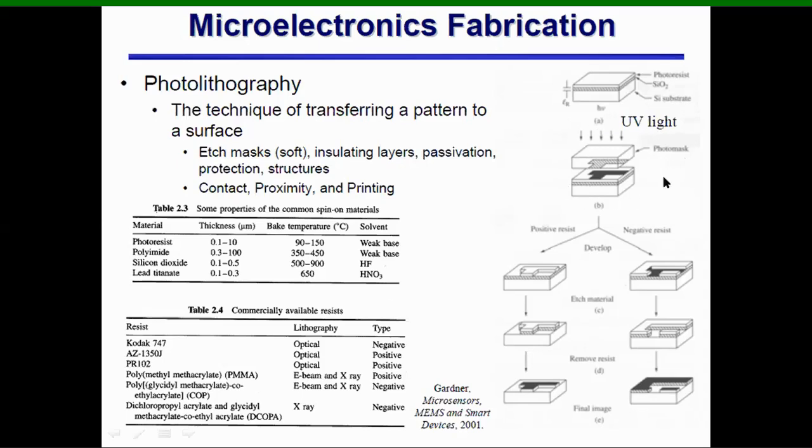So normally we have a machine which is known as a mask aligner, and in the mask aligner you have to put the substrate at the bottom, and you have to put the photo mask at the top, and you have to bring these two together. Both of these must be touching each other. Here it is exaggerated. Here you see that the photo mask is not touching the substrate, but in reality they would be located very close to each other. In reality they would be touching each other.